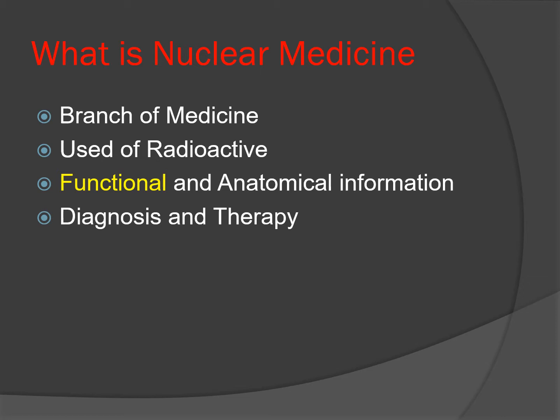This nuclear medicine study will give functional and anatomical information. I put functional first because we are more focused on functional information rather than anatomical, and it will give beautiful functional information. If you want the anatomical information, usually we use a CT scan or MRI. And lastly, it is used for diagnostic and therapeutics.